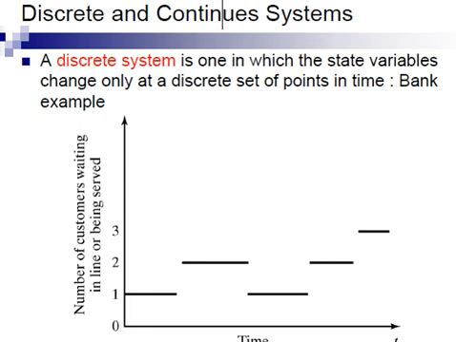The number of customers changes only when a customer arrives at that particular bank, or when the customer's task is done, service is provided, and that customer leaves. So the system is changing at discrete points. Other than that, the system is not changing at all. It's not like continuous.